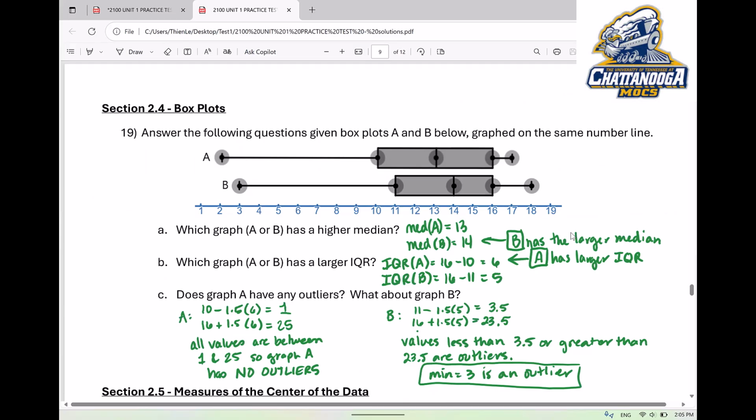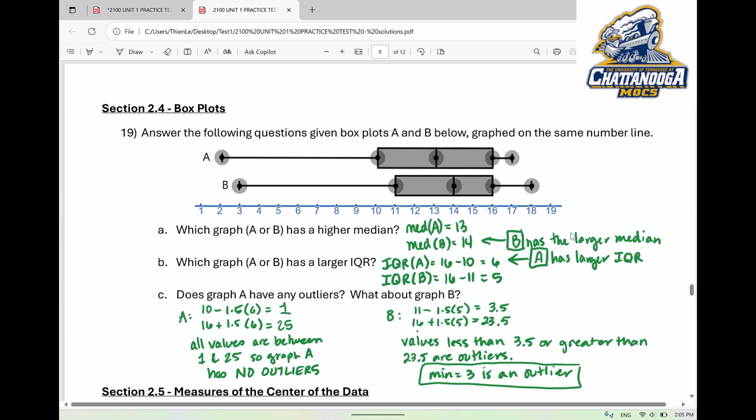So outliers would be all the values below 1 for plot A or above 25. So for plot A, we don't have anything, no outlier here, because all the values are bigger than 1 and less than 25.